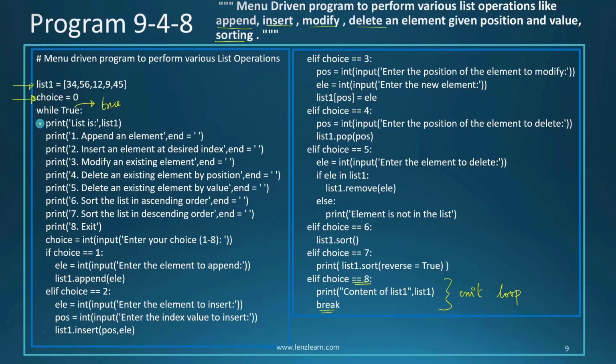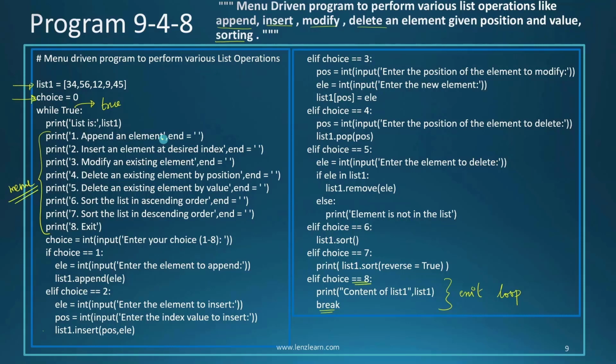Now when the control come into the while loop, you can see first itself I will print the content of list1. So it will print 34, 56, 12, 9 and 45. After that you can see there is a set of print statement which will print the menu for this program.